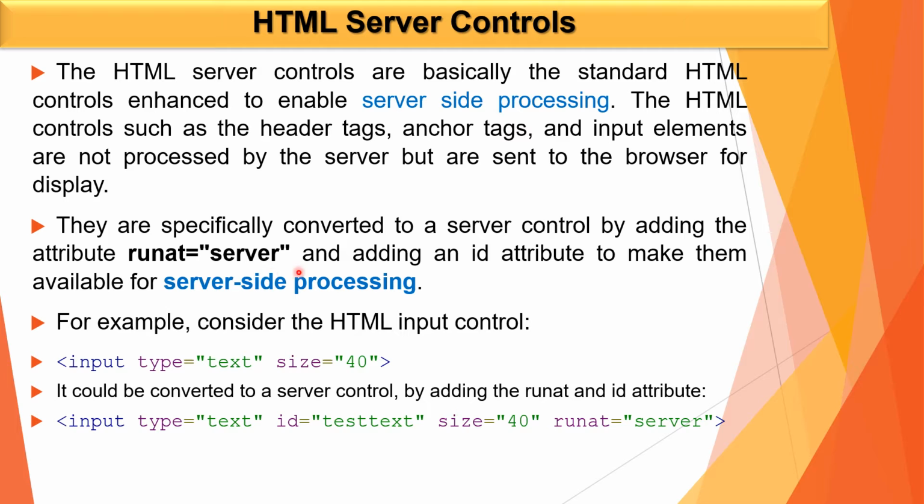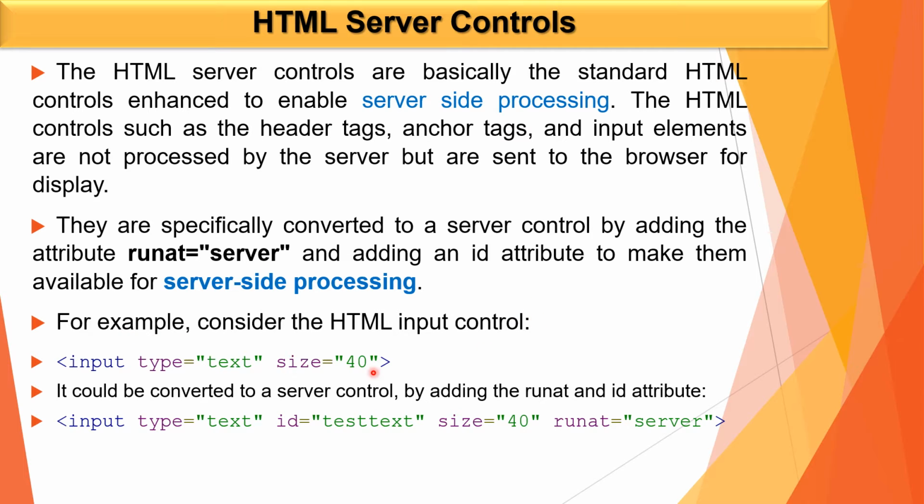This is the specific attribute used with HTML server controls, and adding an ID attribute makes them available for server-side processing. Now those HTML controls will be enhanced by server-side processing.